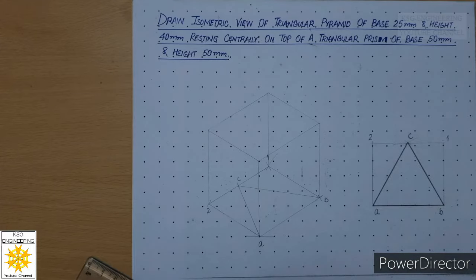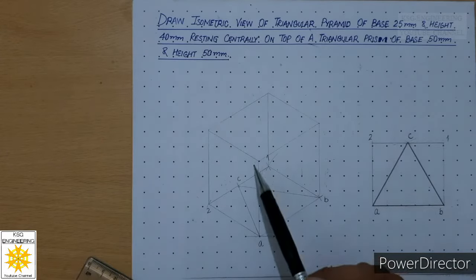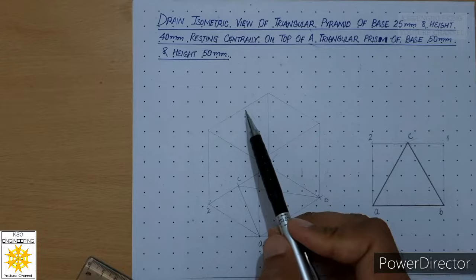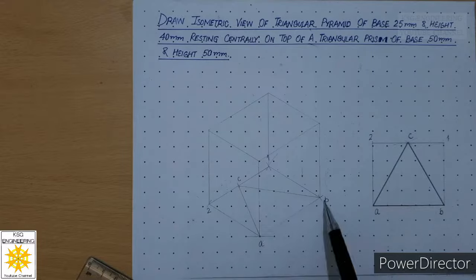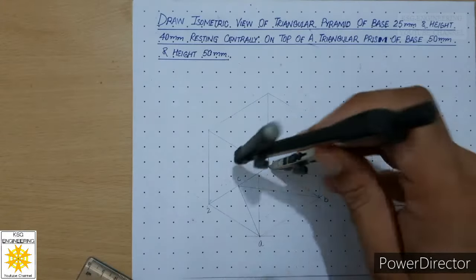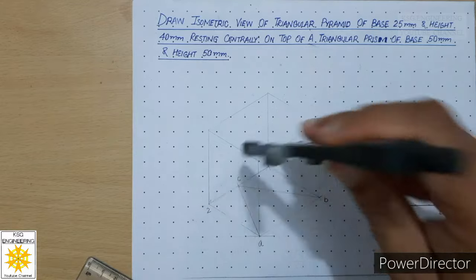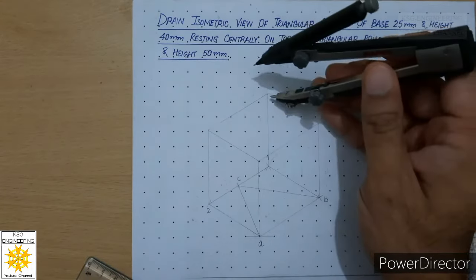Now inside this isometric we will draw isometric of the triangular prism. So for that we need to create the top face of the triangular prism. So that we can do by a similar method which we have adopted for the bottom face. That means we simply have to measure this distance 1C and will mark that distance from this point.